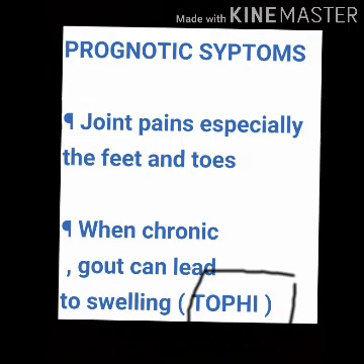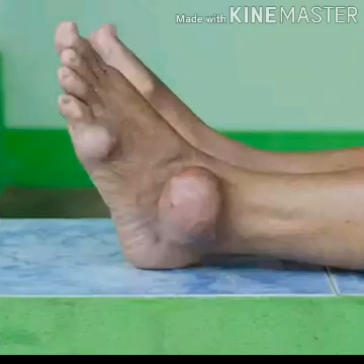We know edema is swelling that comes from a lot of accumulation of fluid in interstitial spaces. But gout swelling is tophi, as a result of accumulation of uric crystals in the joints, which you can see there. This is an example of tophi swelling from uric crystals.